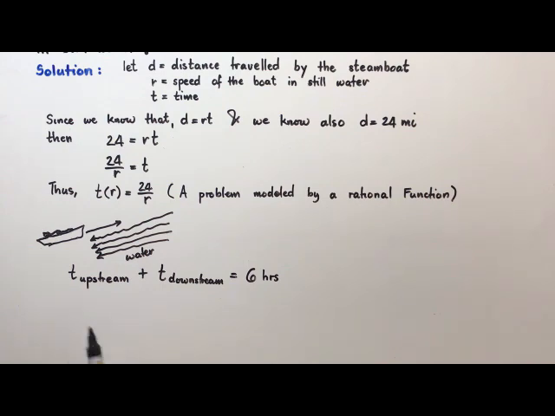So common sense would tell you that the time upstream is longer than the time spent downstream. Why? Again, because you are against the current of the water. And why is this shorter in time? Because you are with the current of the water. So your speed plus the current of the water flows within your direction.